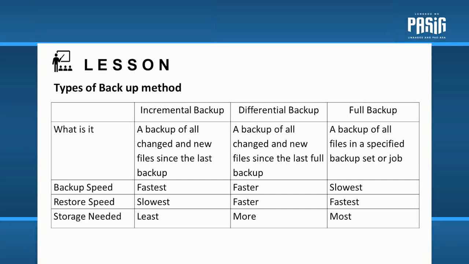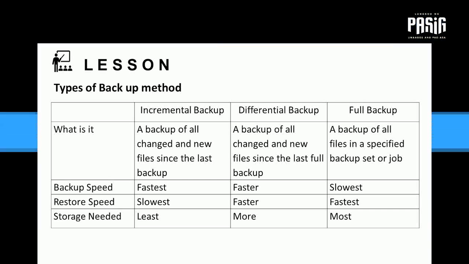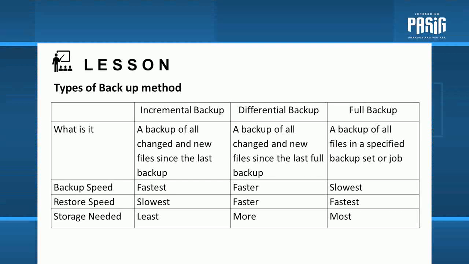Differential backup is a backup of all changed and new files since the last full backup. Next is full backup. What is it? It is a backup of all files in a specified backup set or job.